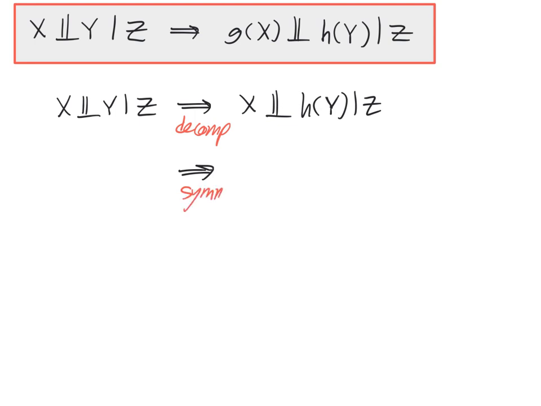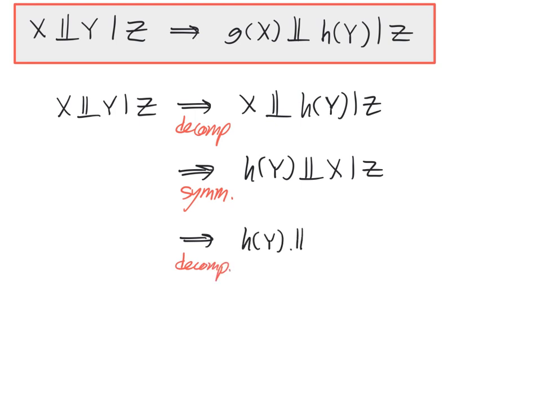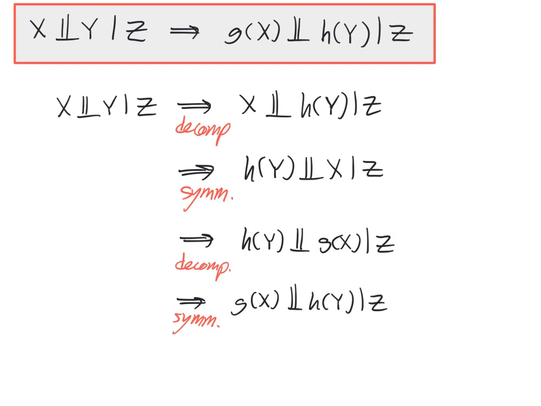By symmetry, h of y is likewise independent of x given z, and applying decomposition a second time, we find that h of y is independent of g of x given z, where g is another measurable function. Finally, by one last application of symmetry, we have g of x is independent of h of y given z.